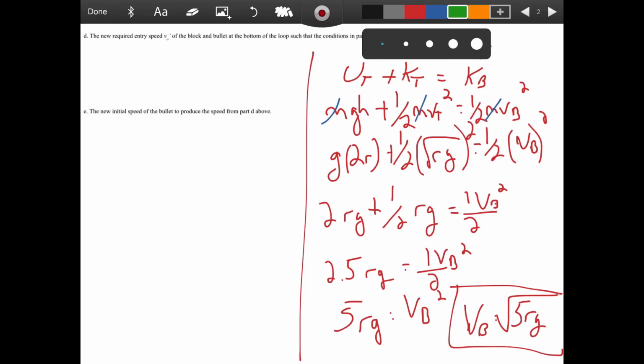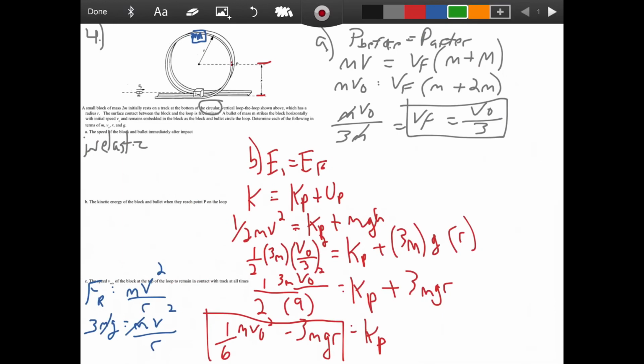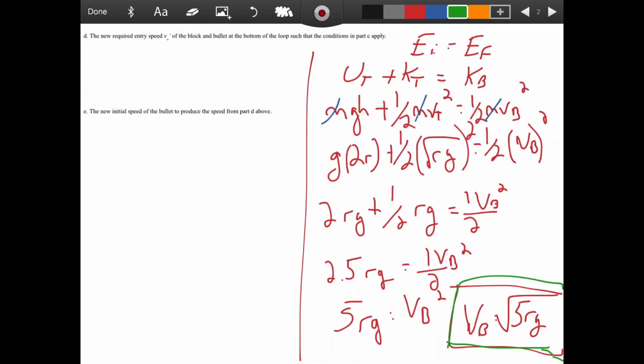But remember, if this is the speed at the bottom of the ramp, that is, if I go back to part A, that is basically the final velocity after the collision. So for part E, we're going to go back to conservation of momentum.